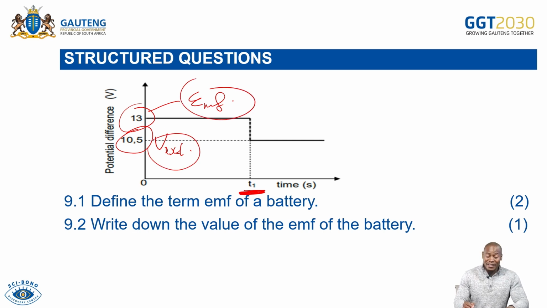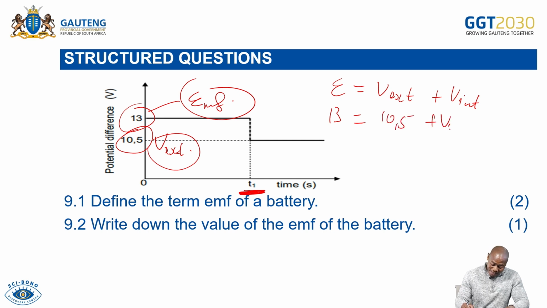So I'm having the EMF, I'm having the external potential difference. And if I'm having the EMF and the external potential difference, I can also get the internal potential difference or lost volts. So EMF, remember, is given by V external plus V internal. If the EMF is 13, it is 13 in this case. It's what is given, right? V external is 10.5 plus V internal.